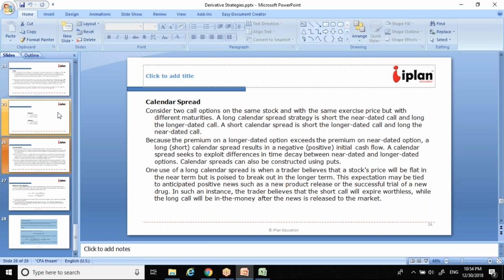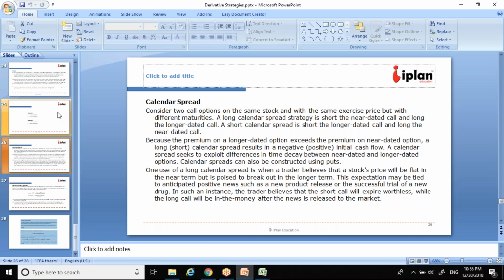The idea is this: you have a different theta for both the options. What is theta? Theta is an option Greek again. This will tell you about the loss in premium due to time decay.